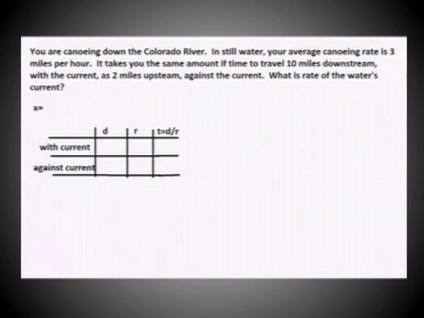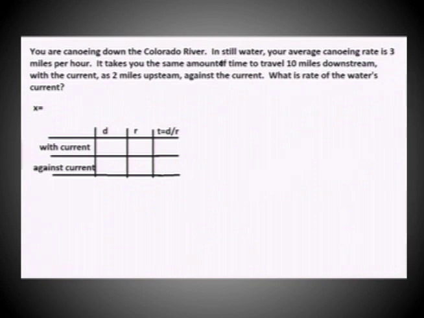It takes you the same amount of time, and actually that should say of time, but I'm not going to redo this whole video because I fixed it by just writing over it. Same amount of time to travel 10 miles downstream with the current as 2 miles upstream against the current. What is the rate of the water's current?